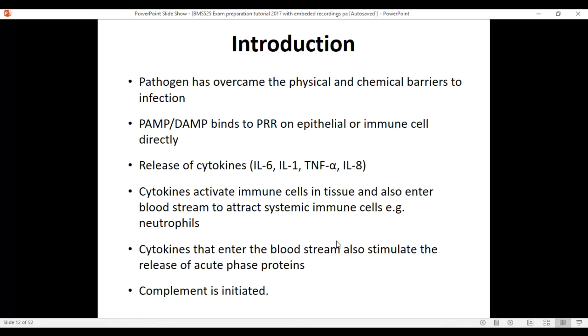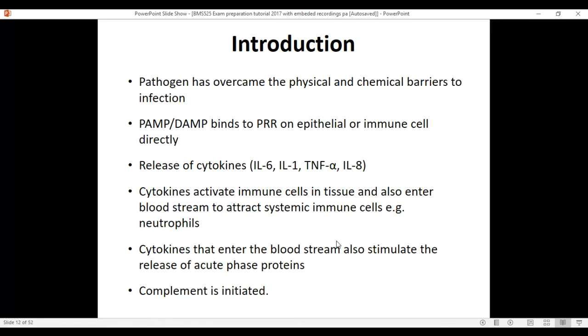And of course, once it's overcome the physical and chemical barriers, the next question is, how does the immune system become alert to the fact that we have a pathogen in our system? And the way this occurs is pathogen-associated molecular patterns, or PAMPs. These are components that make up part of the bacteria or virus.